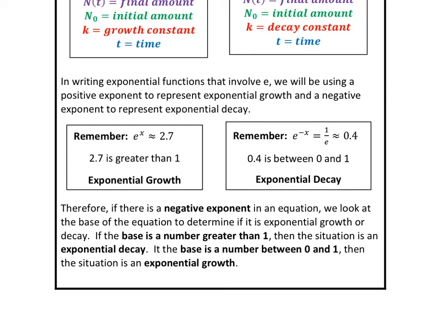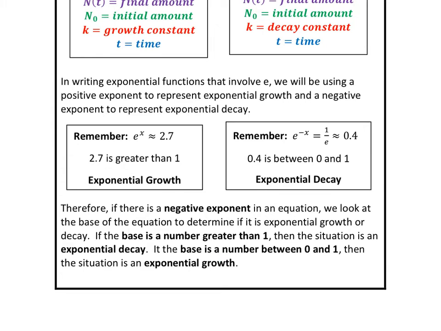Okay, so if there is a negative exponent, then we have to look at the base. If the base is greater than 1, then the situation stays as exponential decay. If the base is between 0 and 1, then it's exponential growth. And I'll show you how this plays out in the examples that follow.